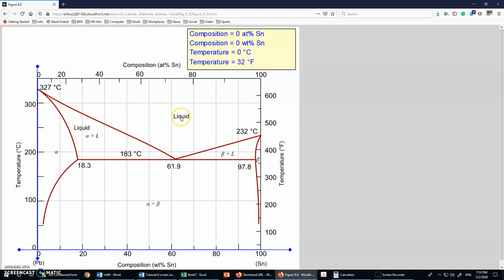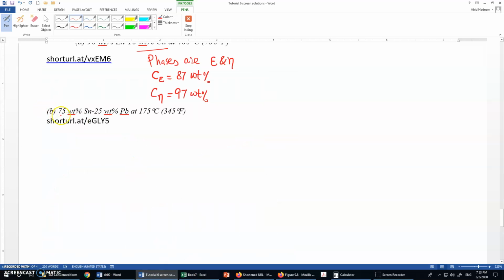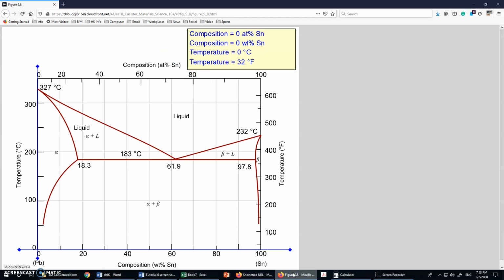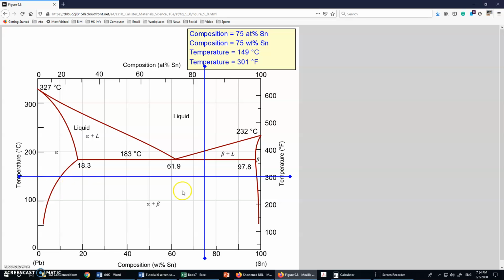So this is the lead and tin alloy phase diagram. 75% tin, because this is the tin composition, 75% tin here, and 175 degrees centigrade is here.